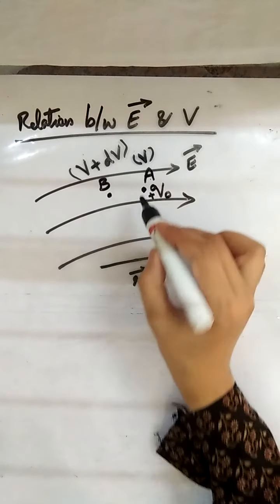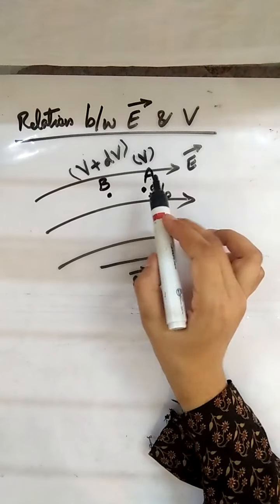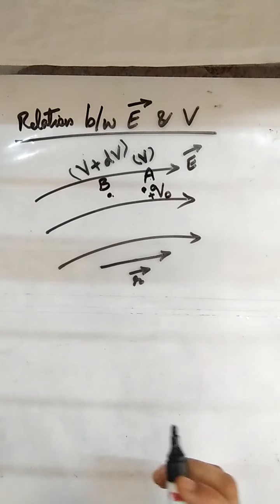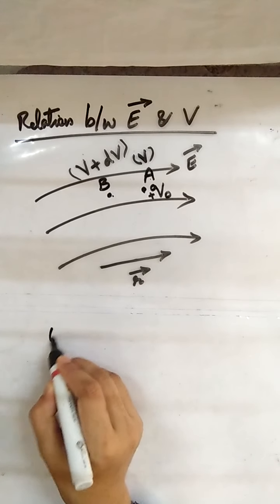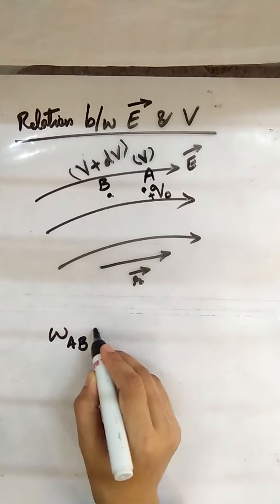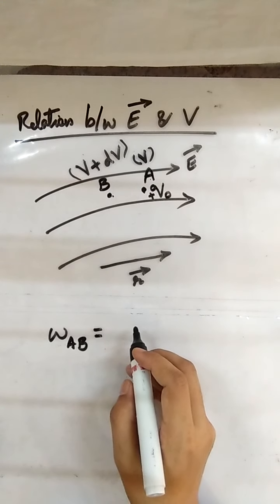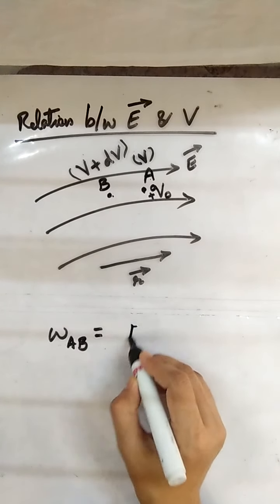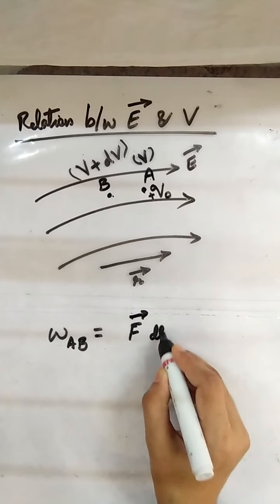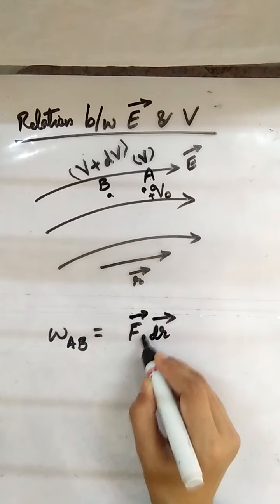Now tell me, what is the work that you have to do to bring Q naught from A to B? You have already learned that, right? That work done is WAB, which is equal to the integral of the force that you are applying, the vector of it, dot dr. Correct?